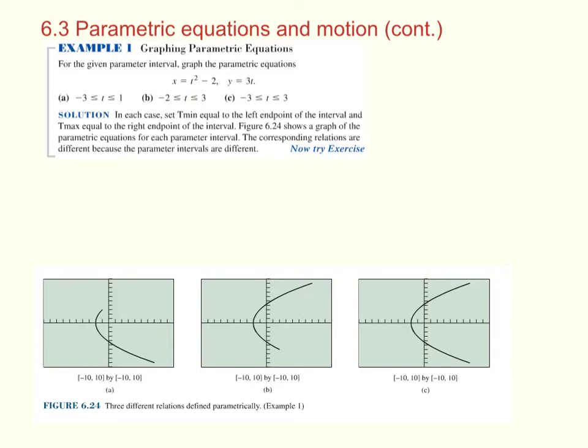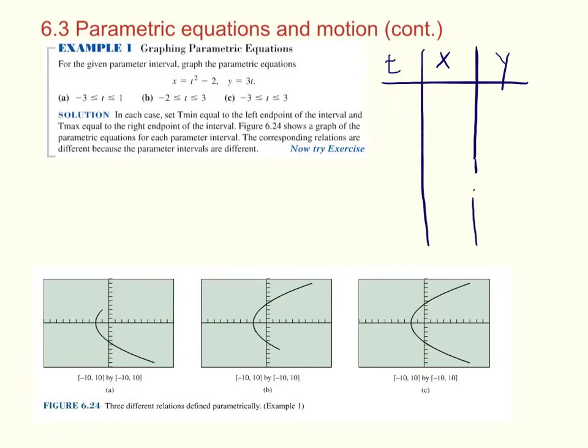First off, let's make a table having our t values that give us our x and our y's. Looking at it from -3 to 1, we'll just take integer values, even though really this spans all values, but we'll create some data points when t is -3, -2, -1, 0, and 1.